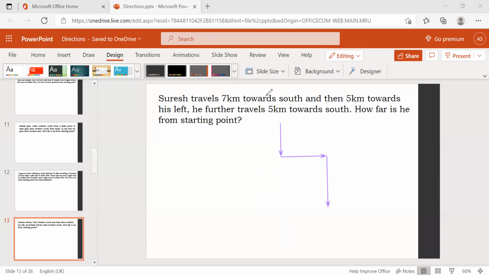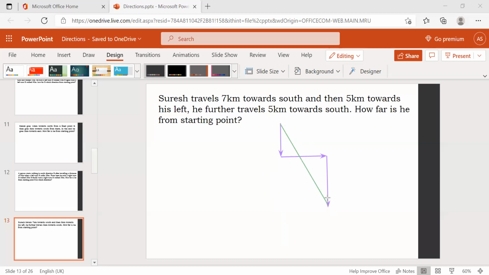The starting point is here, this one. So how far is this one, from here to here?